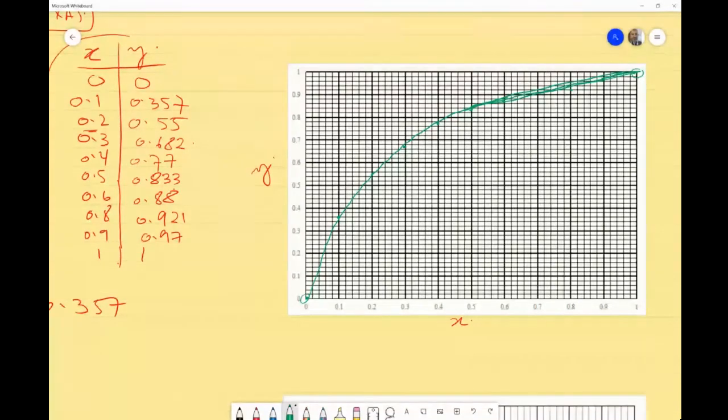Not really what we're expecting, but I think we have to adjust it a little bit. When you draw on the computer, sometimes it's not exact. So 0.97 here. Doctor, because 0.8, 0.95. Sorry?